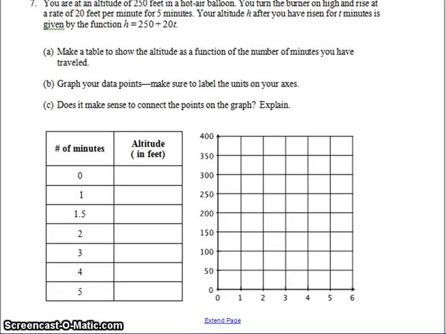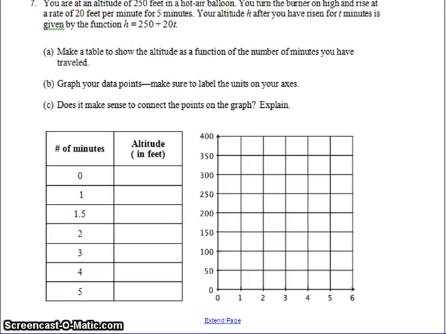Number 7 is a word problem. We have to be able to fill out a table and make a graph. You are at an altitude of 250 feet in a hot air balloon. You turn the burner on high and rise at a rate of 20 feet per minute for 5 minutes.